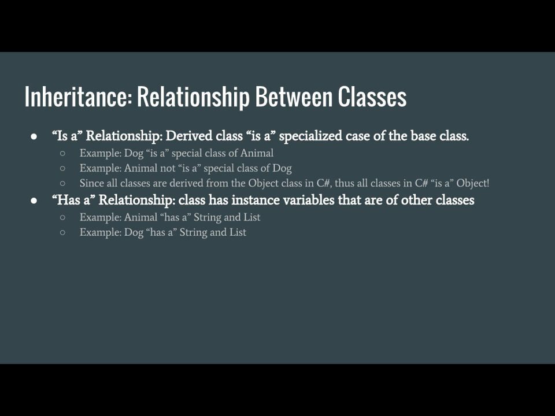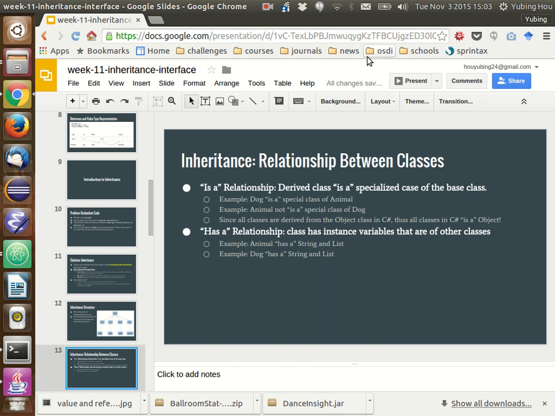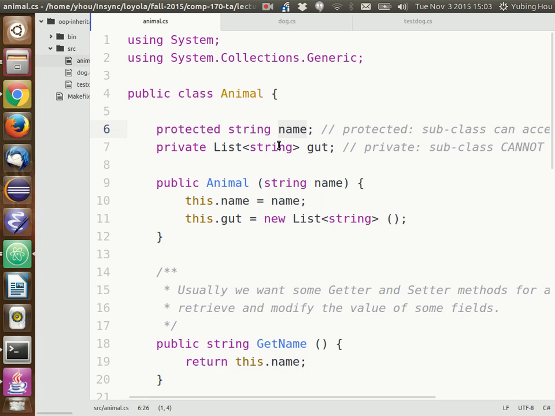What it means is that classes have instance variables that are from other classes. For instance, in our animal class program, one of the instance variables, name, has a type of string. Therefore, we can say animal has a string. It just denotes that Animal has a name.